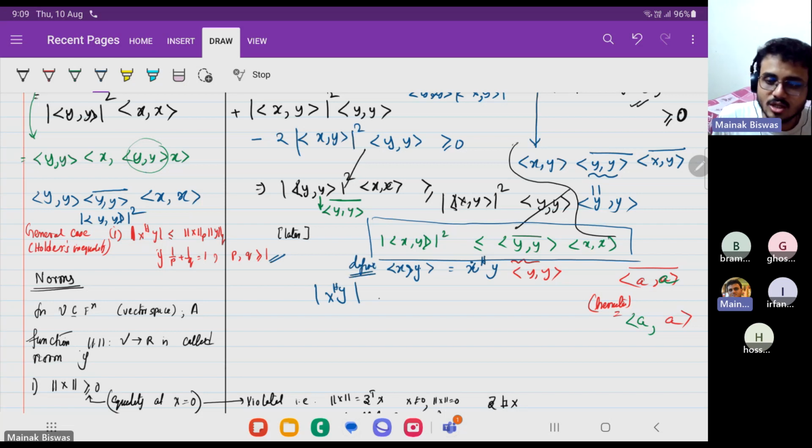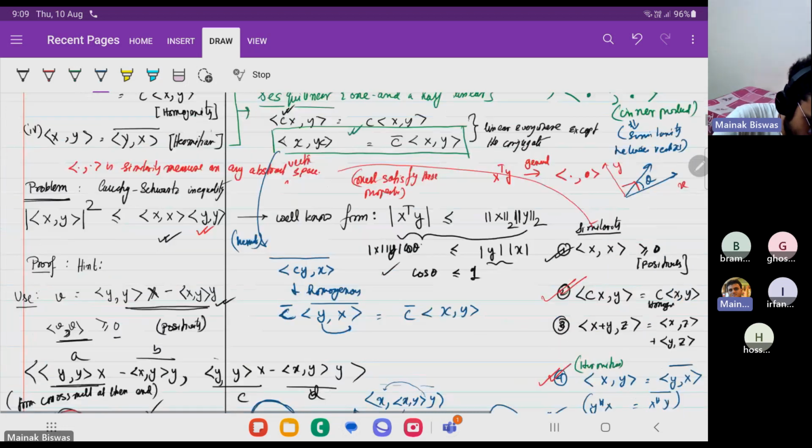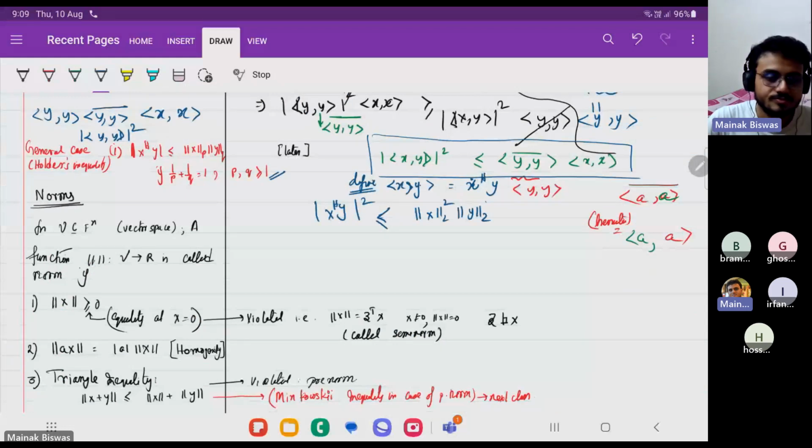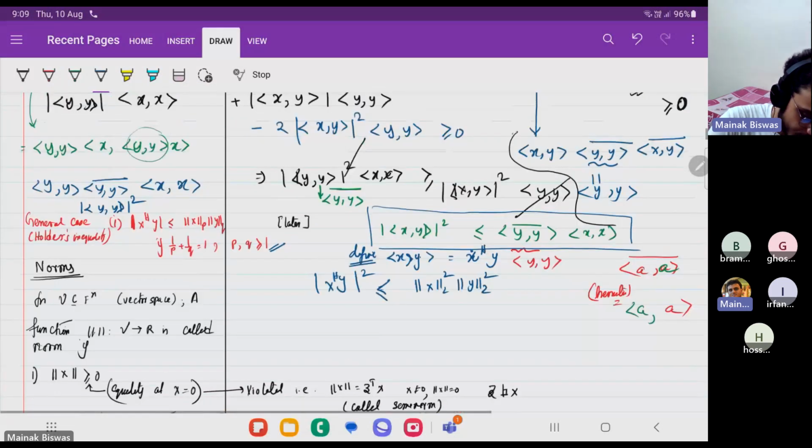Your Cauchy-Schwarz inequality says that this is less than or equal to, yes or no? This is what it says. Or your more popular form, as if I put directly, is squared, squared, squared. Right or wrong? Which I have already derived here.